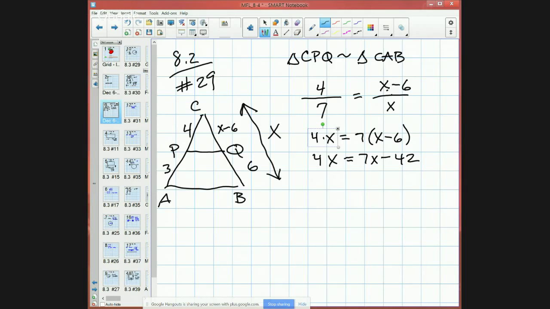I want to get X alone, so let's subtract 7X from both sides. We'd get negative 3X equals negative 42. Then to get rid of the negative 3, because it's being multiplied, we would divide both sides by negative 3, and X is equal to 14. That should be it, because it asks us to find BC. Yeah, that's what we just found.